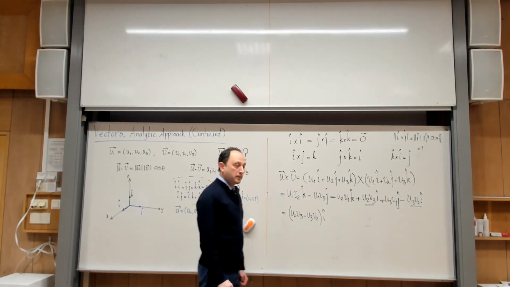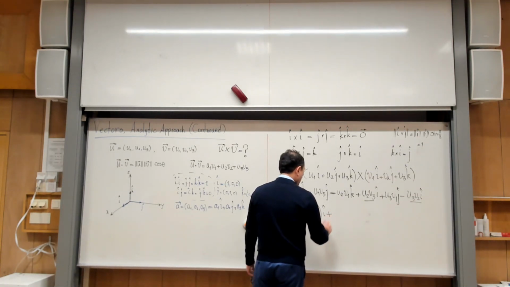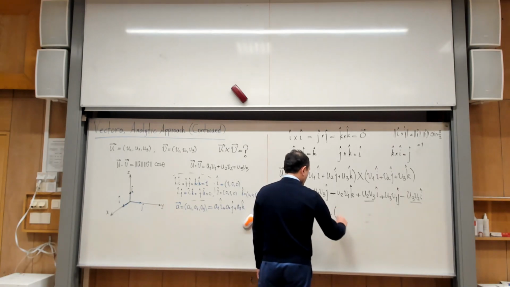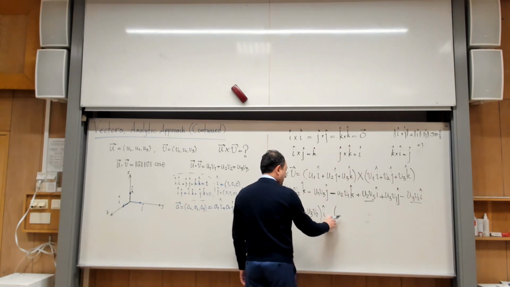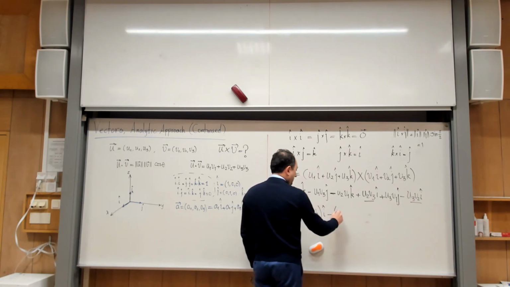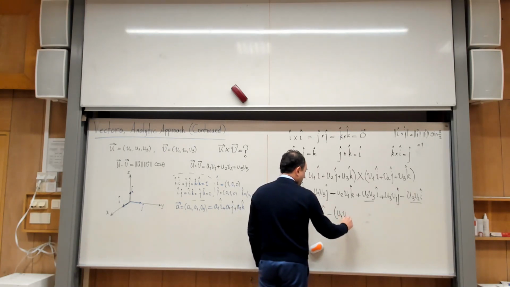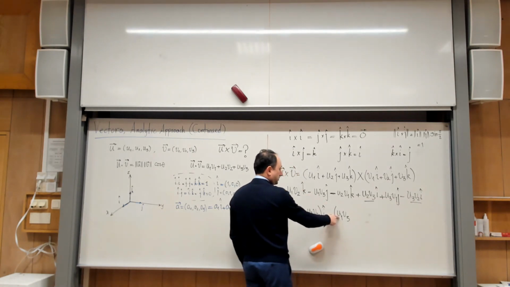Yes? And then the next one is plus, I have to factor a J out. I will tell you why. Let me factor a negative sign out as well. So this becomes U1 V3. It was negative, I pulled the negative sign out, so I put the positive one in.